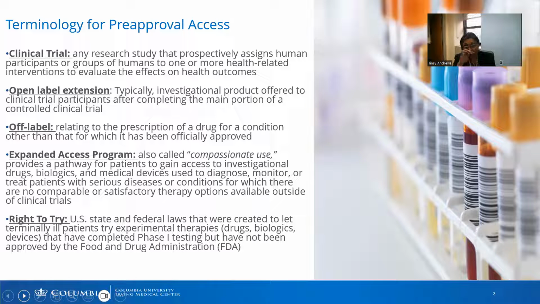Open label extension is another way to access the drug. However, usually that investigational product, if it's given through open label extension, is an extension of a main study. So typically it's offered to participants of a clinical trial that participated in the controlled portion. So that is limited in its availability and accessibility.